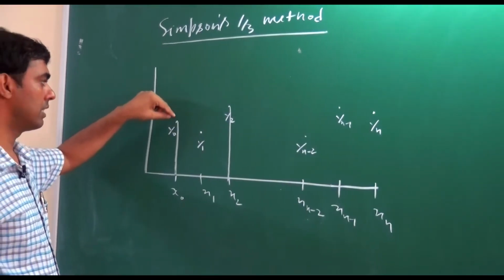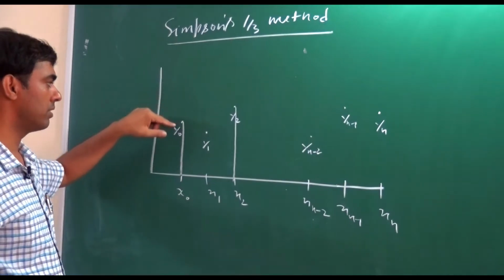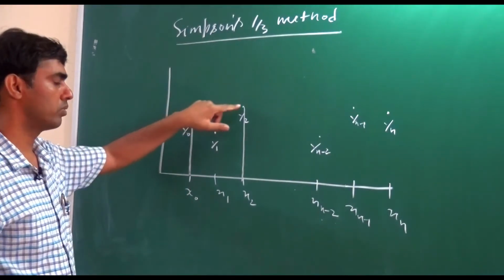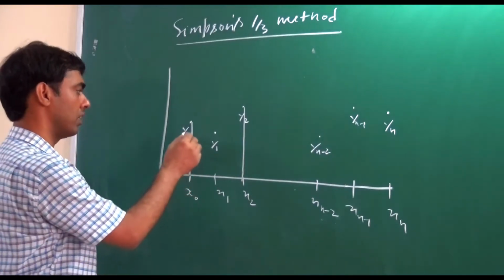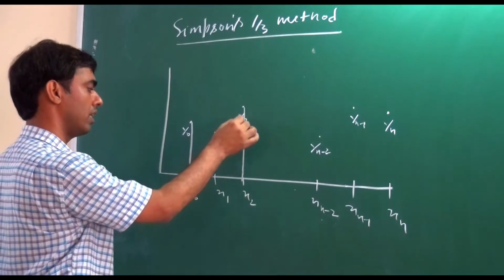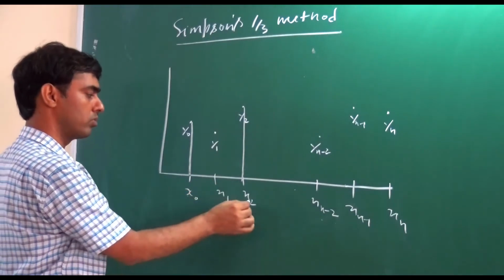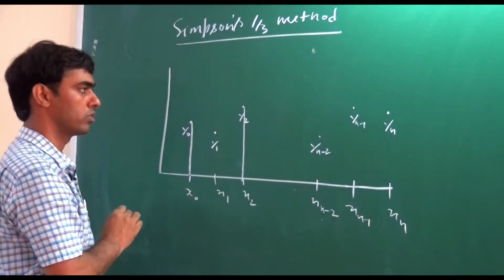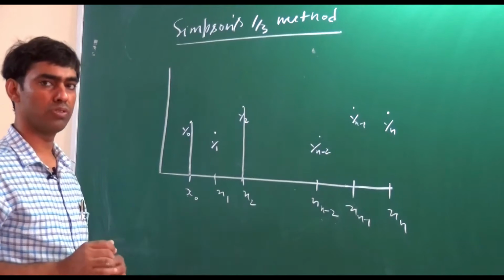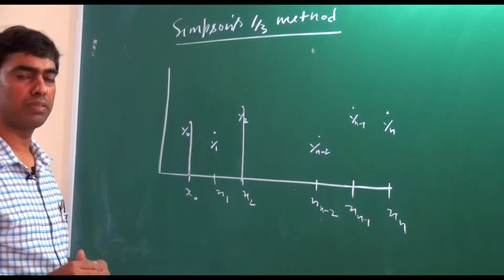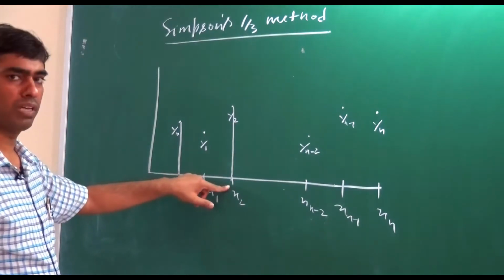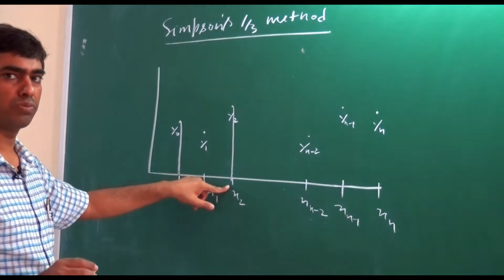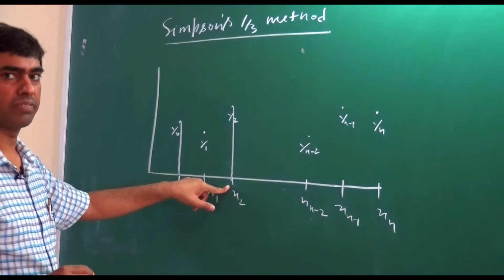what is the degree of polynomial that we are able to fit from y0 to y2. Here there are three known values, y0, y1, and y2, between x0 to x2. We know that the nth difference of an nth degree polynomial is a constant. With the help of three known values only, we are able to find the second order differences.